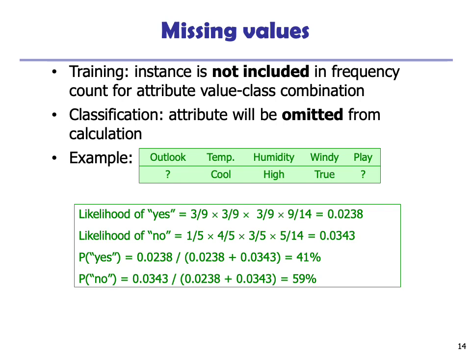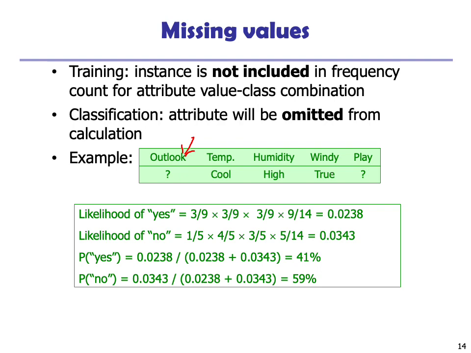So how does naive Bayes deal with having evidence that has missing attributes or missing values? For instance, here Outlook has a missing value, so we don't know what the actual value for the attribute Outlook is.